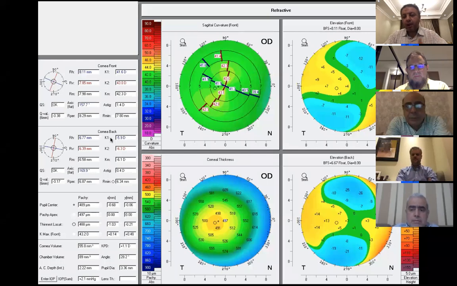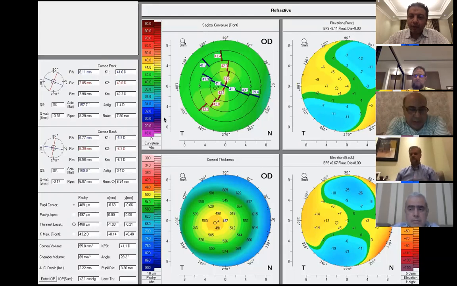The steepest K is 43. So if we correct +6, you will multiply by 1.2. This is hyperopia, so it will be 7.2.